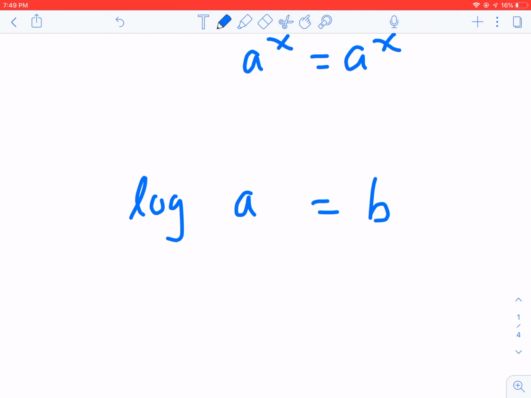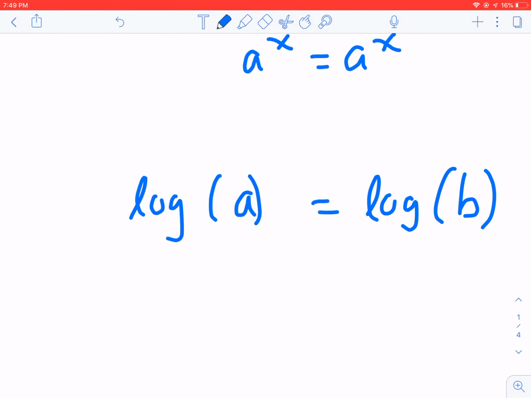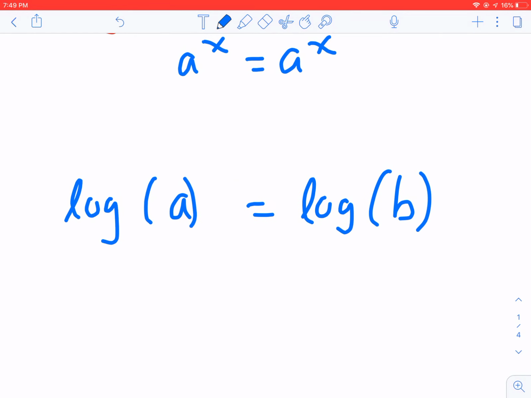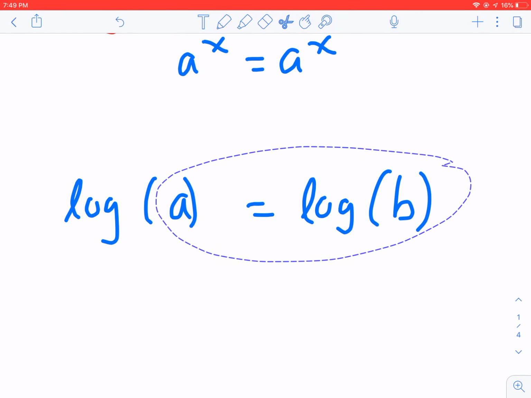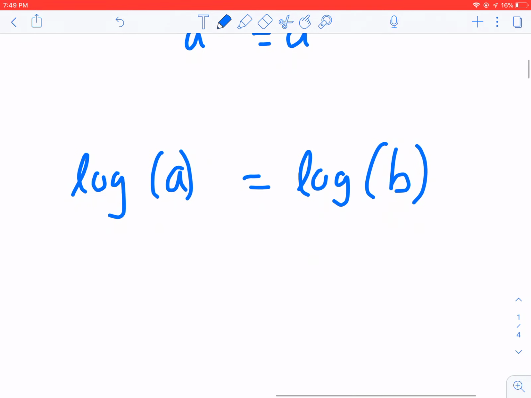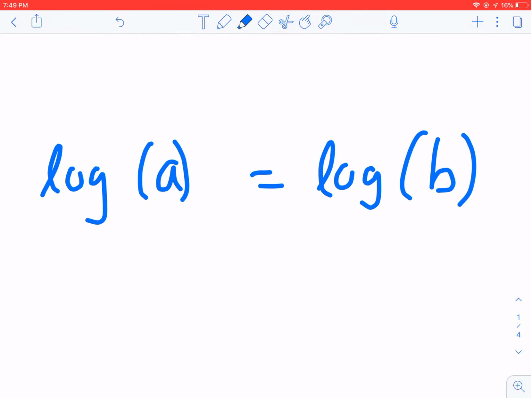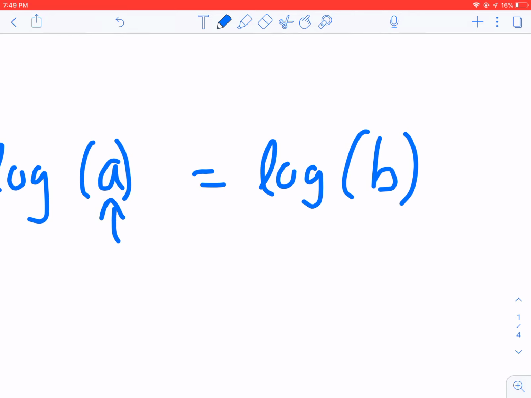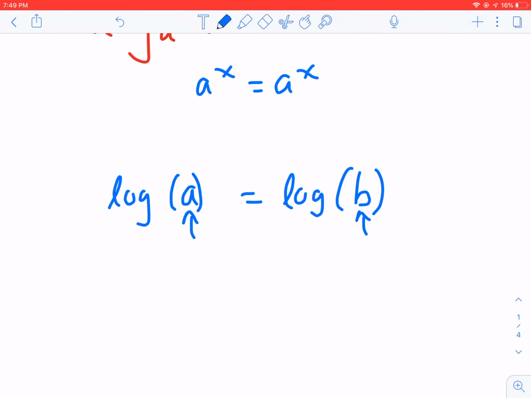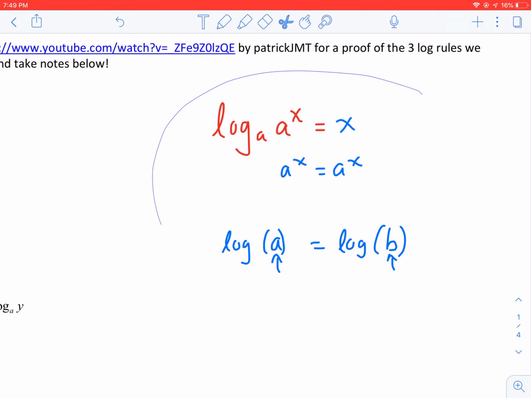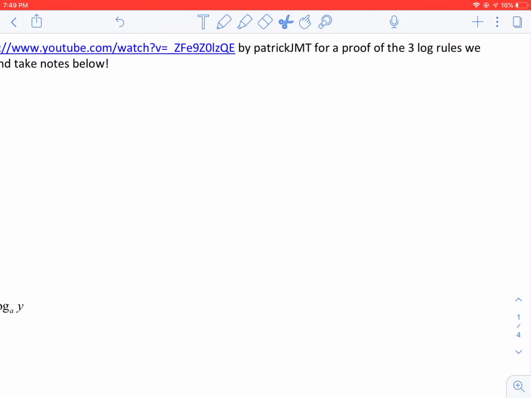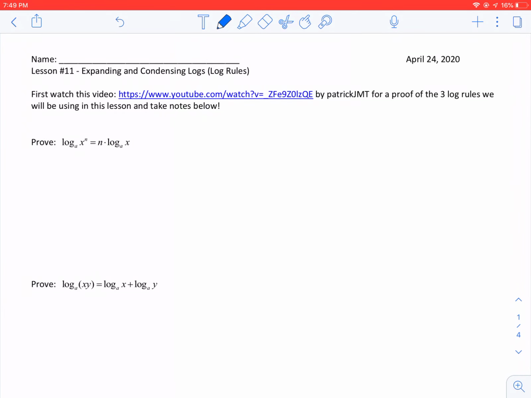But we can also say log of a equals the log of b. You can take the log of both sides of an equation and it still has to be a true equation. Just think, if you're taking the log of this value in order for it to be the same as the log of another value, a and b have to be equal. So it preserves equality.